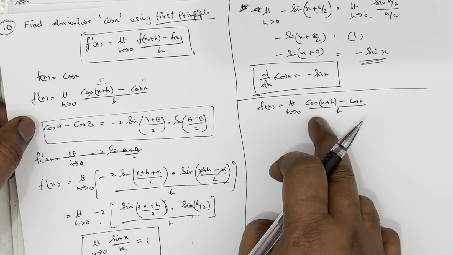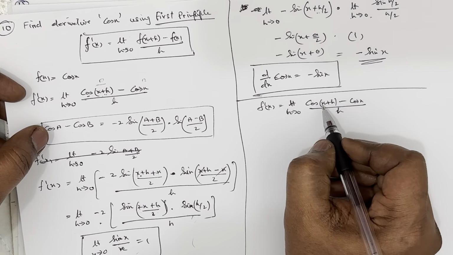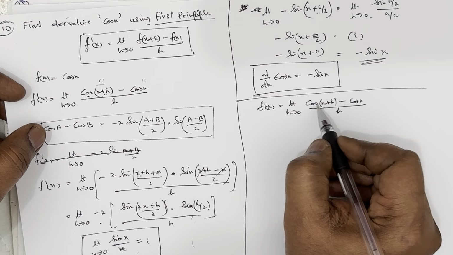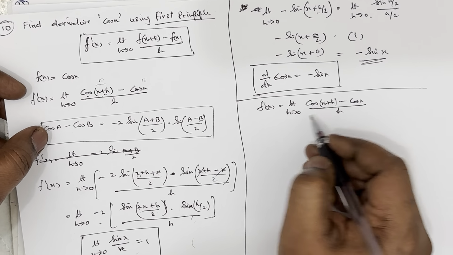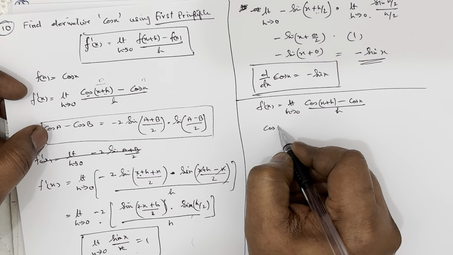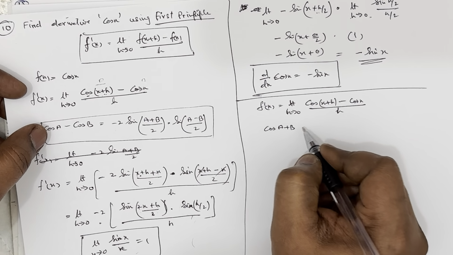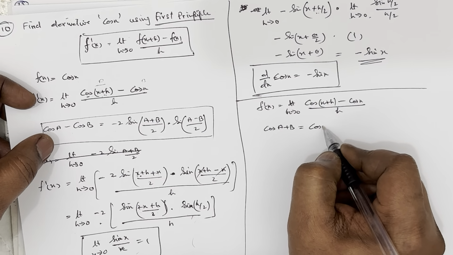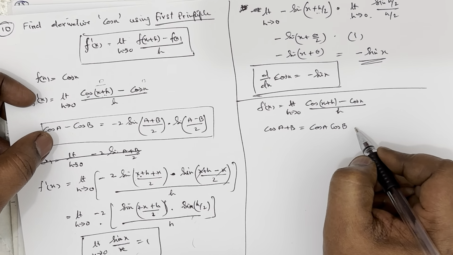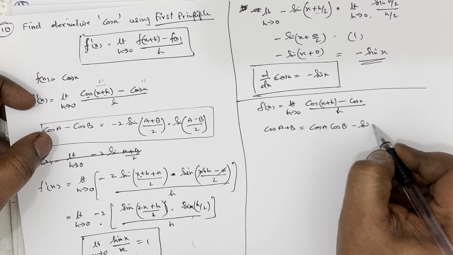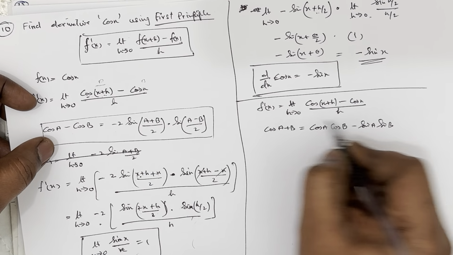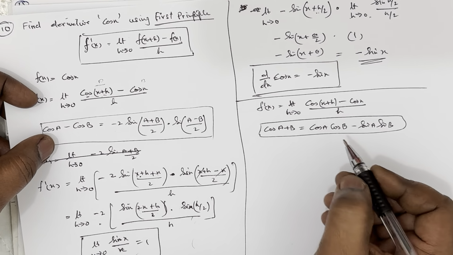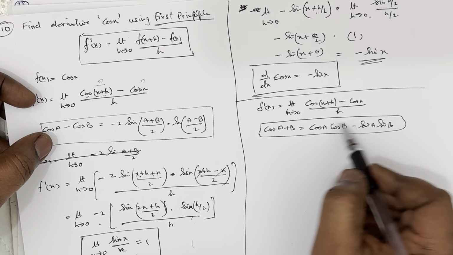Considering only this thing, cos x plus h, this resembles a formula, cos a plus b, which is equal to cos a cos b minus sin a sin b. So we'll expand this in this form.